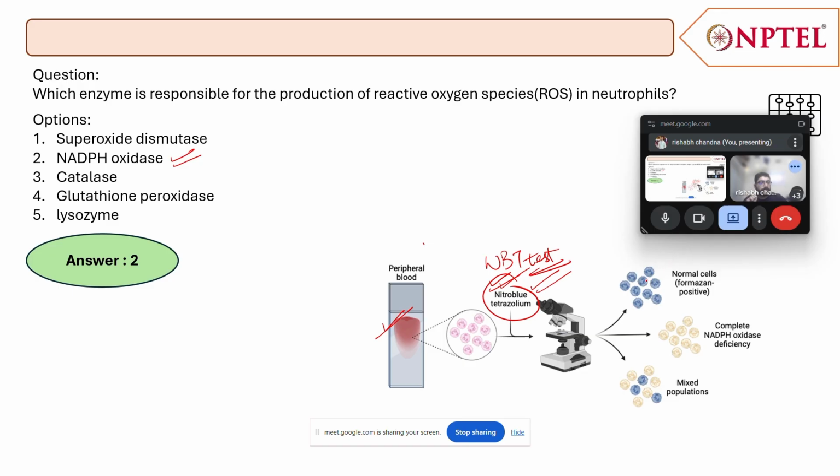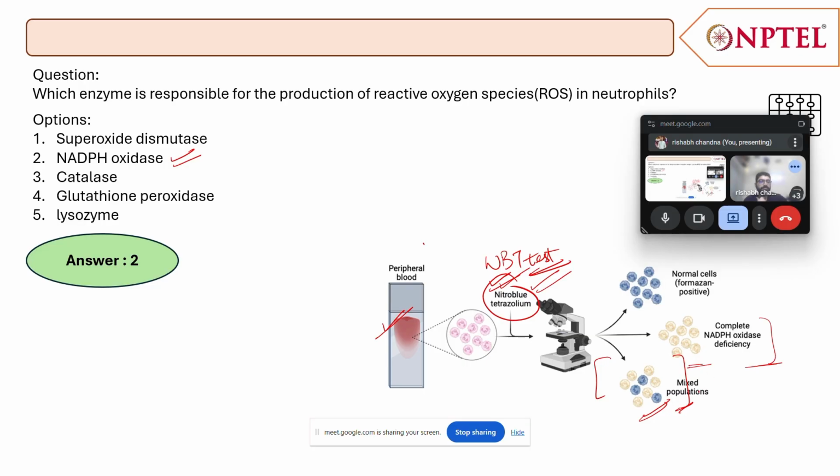Okay, and if the color is not changed, it leads to a yellow color of the cell. That means it has a complete deficiency of NADPH oxidase. Okay, and lastly, if we get a mixed population, that might mean a carrier of the particular disease, or it indicates the severity of the disease.